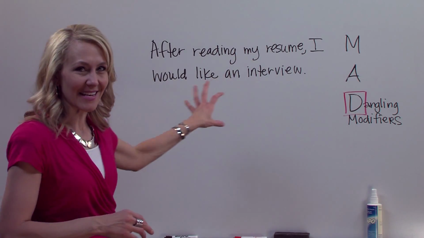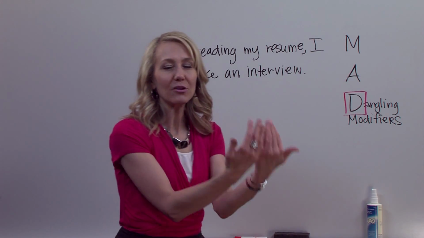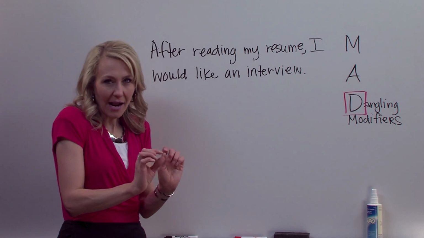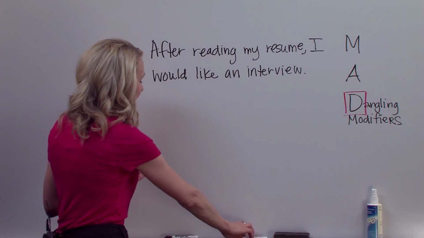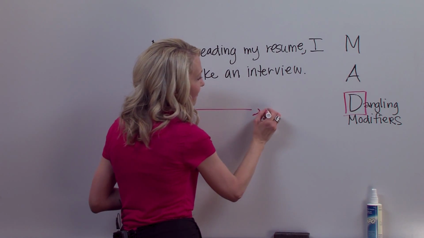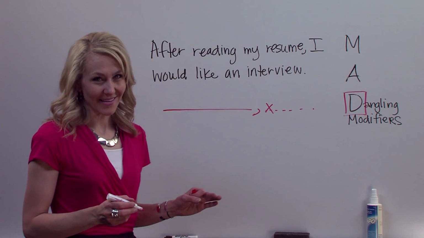Now, let's look at this sentence. Dangling modifiers are easy to recognize by this pattern. It's always going to be the same pattern, where we have a modifier phrase at the beginning of our sentence followed by something that it's modifying.